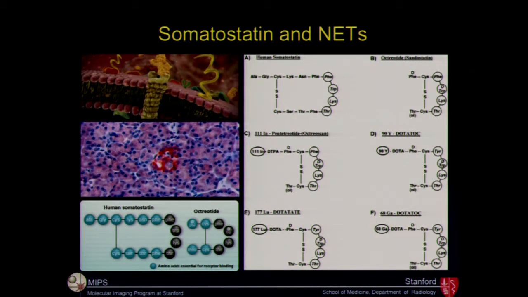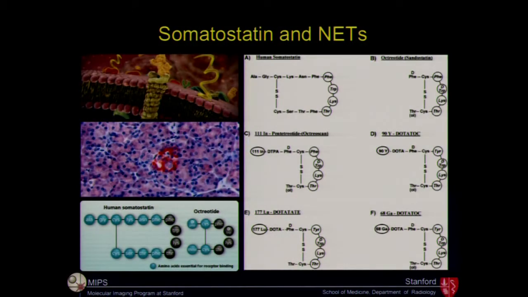And then the main difference that we have subsequently made is to attach a linker here, either DTPA or DOTA, which stand for long chemical names, that's why we use those terms. And attached to that linker is a radionuclide. A radionuclide is any type of unstable isotope which is releasing some type of radiation, either gamma radiation or, in terms of treatment, beta radiation.